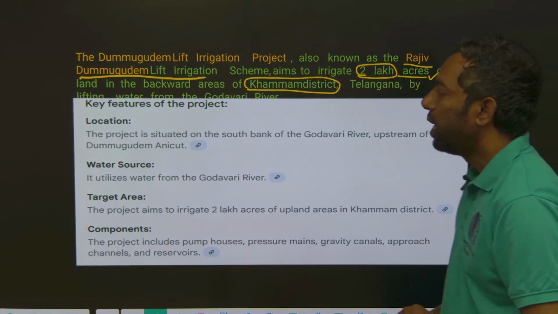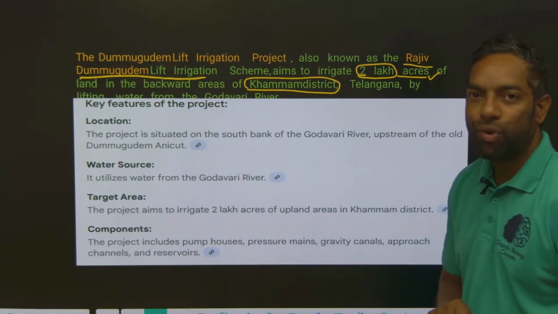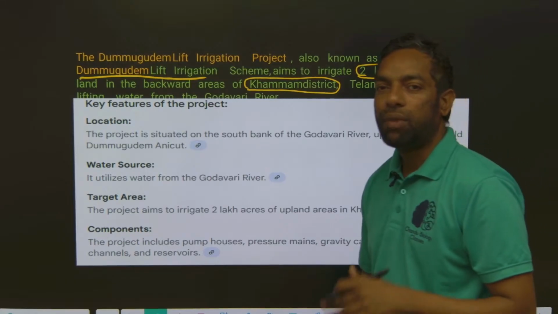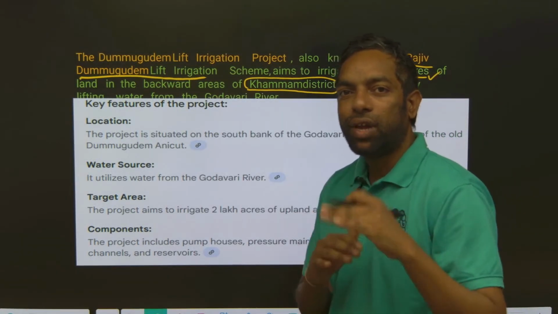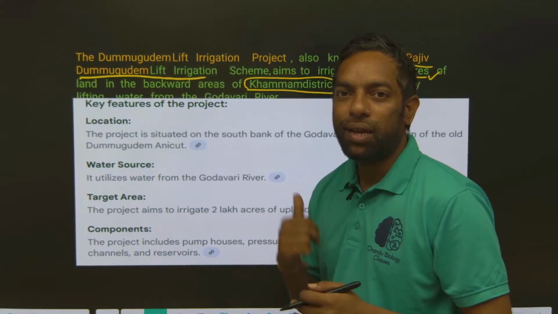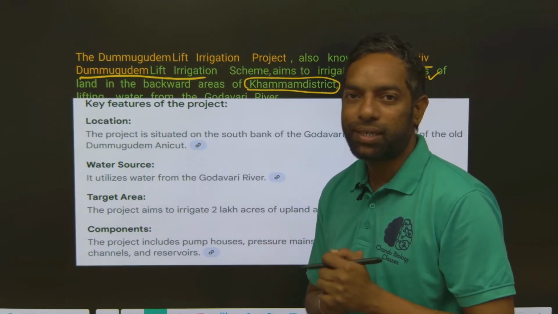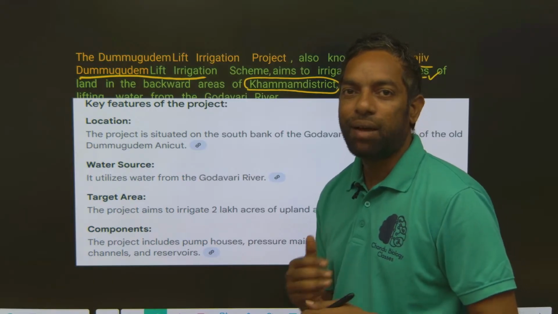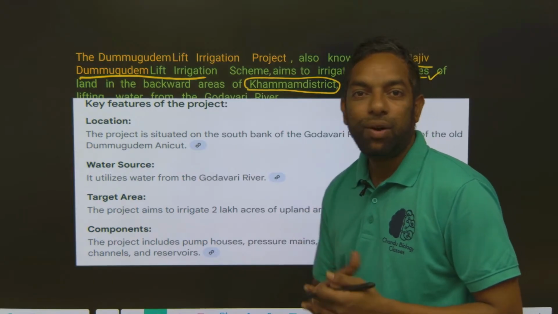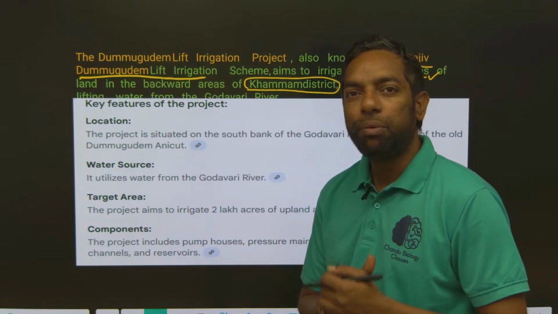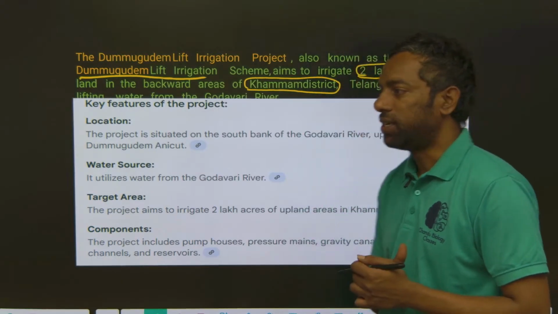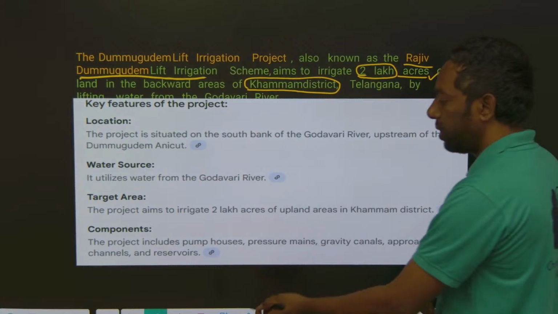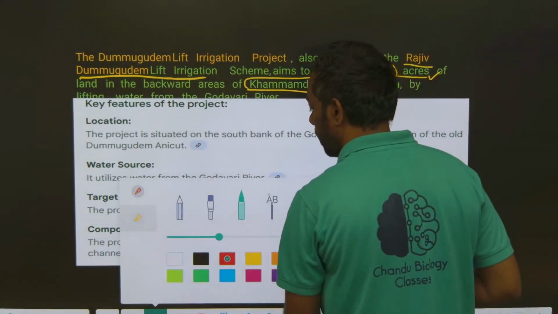Telangana, by lift irrigation of water from the Godavari river. Dummugudem is located in Khammam. This is the lift irrigation project scheme, aiming to irrigate about 2 lakh acres. Now the key features of the project, which is important.